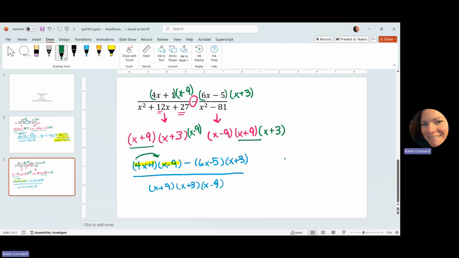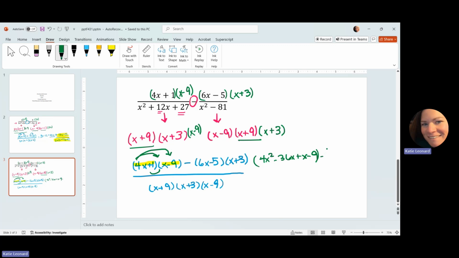So 4x times x is 4x squared. 4x times negative 9 is negative 36x. 1 times x is x. 1 times negative 9 is negative 9. All right, so that's that first piece.